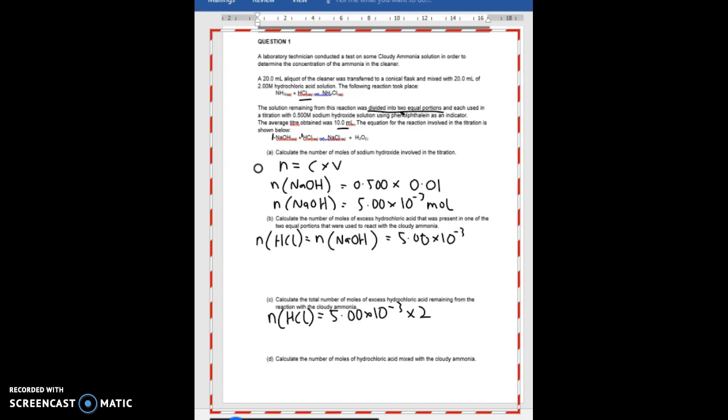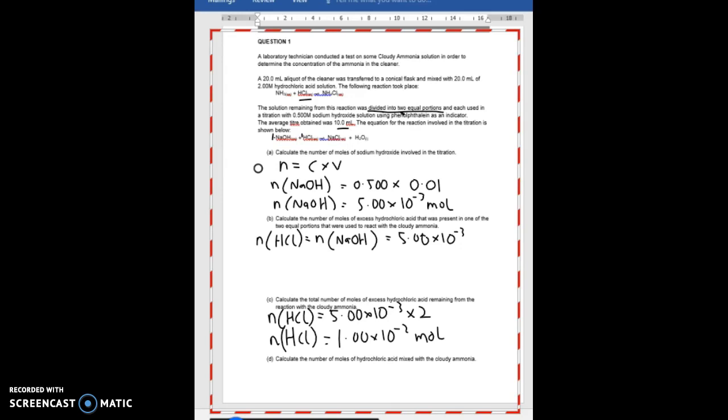So number of moles of HCl equals, that works out to 1 times 10 to the minus 2 moles. So that's the total number of moles of excess hydrochloric acid remaining from the reaction.